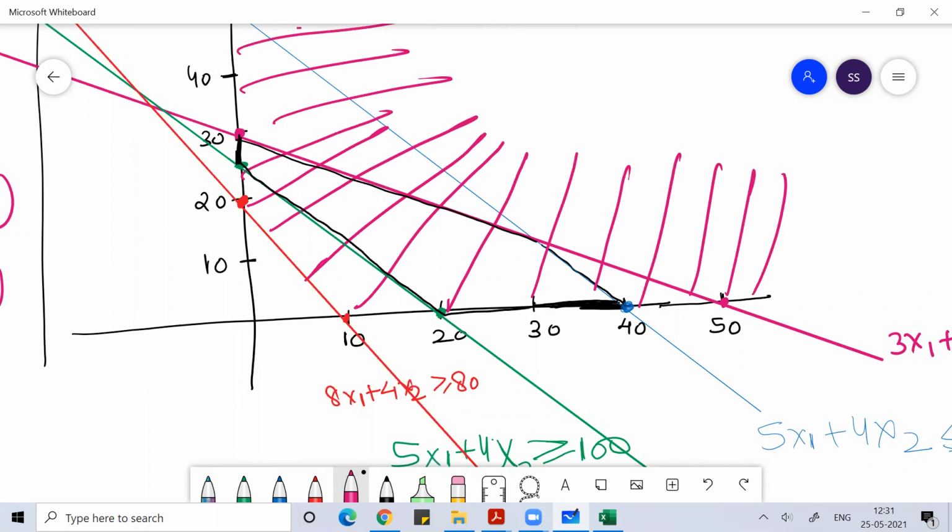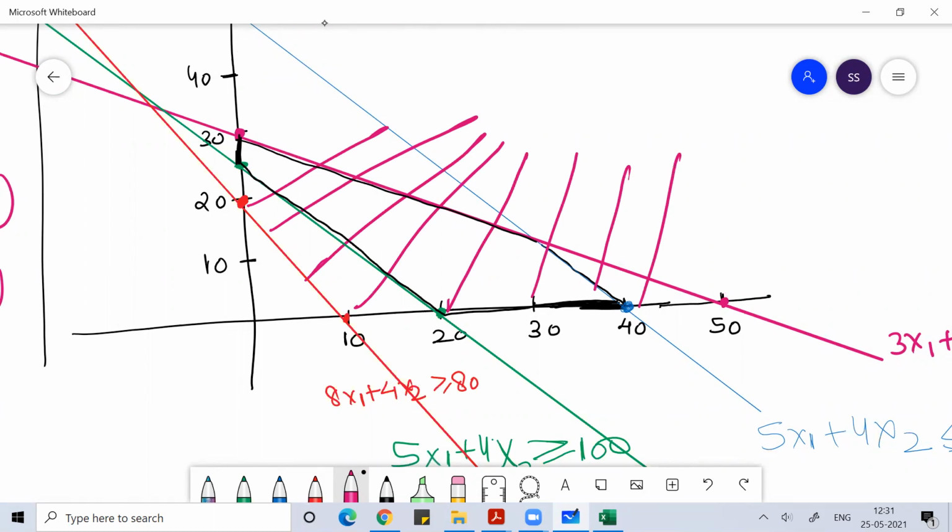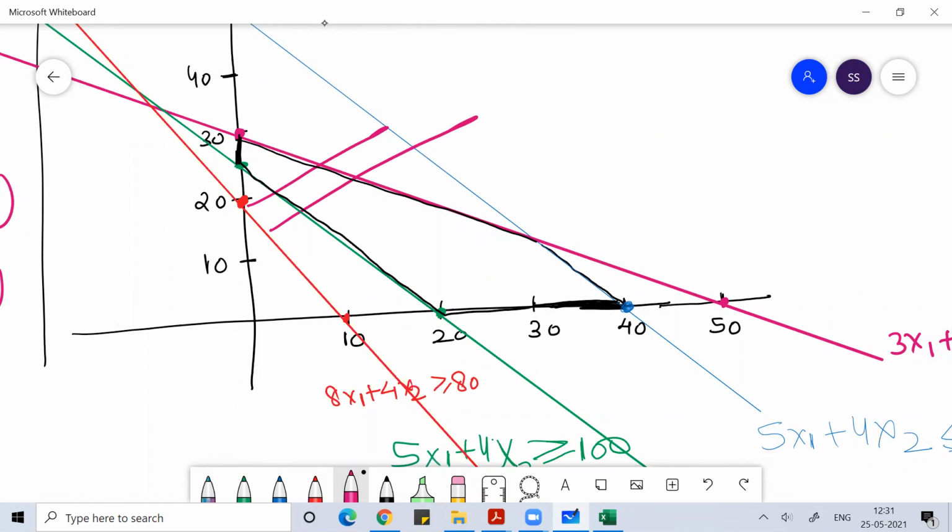So now if I find the area which is common between all the lines, you can spend some time if you are confused.